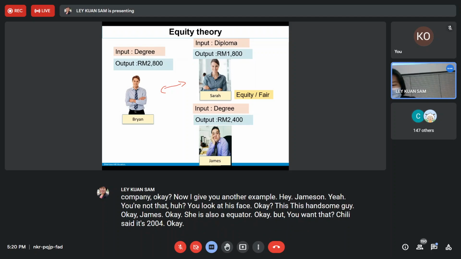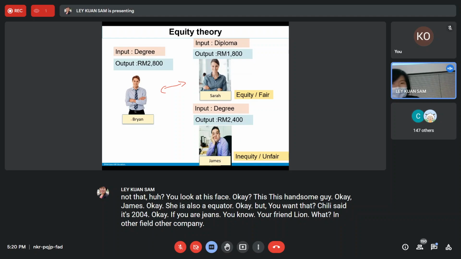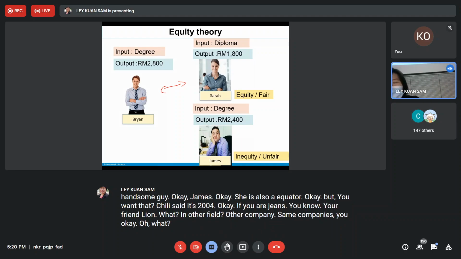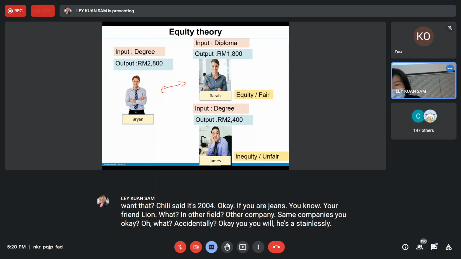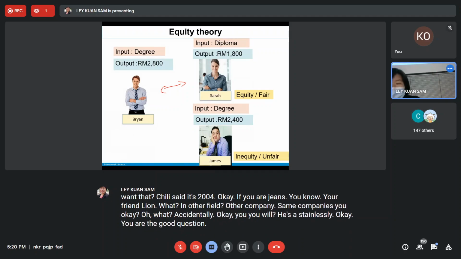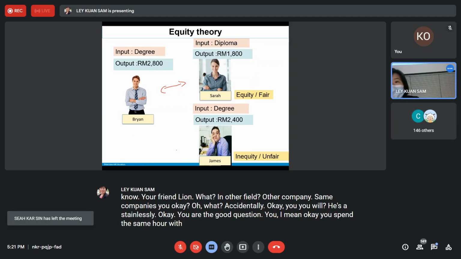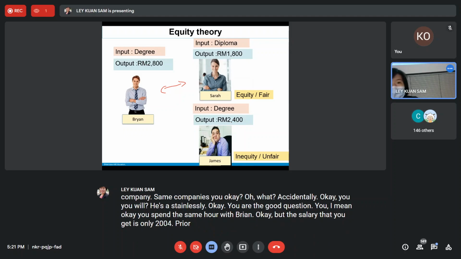If you are James, you know your friend, a client, works in another field or another company, or works in the same company as you. Accidentally, you view his salary slip. You are a degree graduate, you spend the same hours as the client, but the salary that you get is only 2004. The client gets 2008. How do you feel?